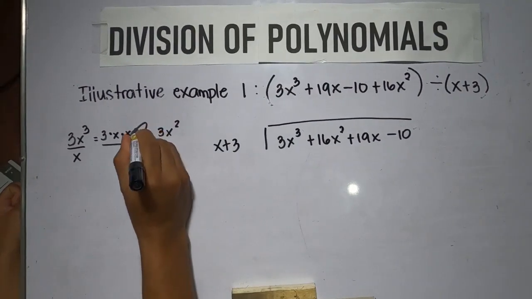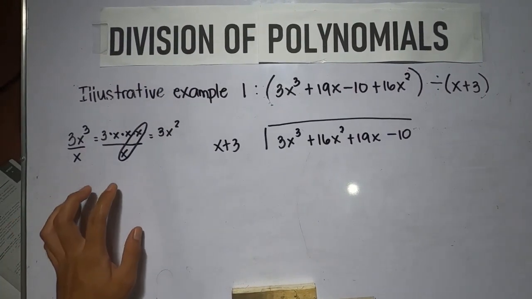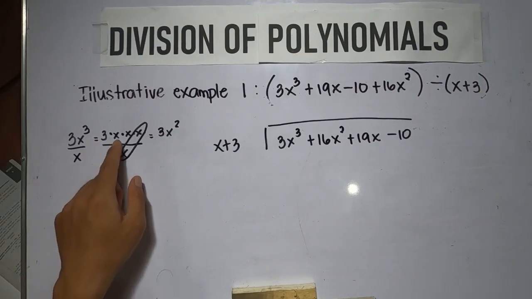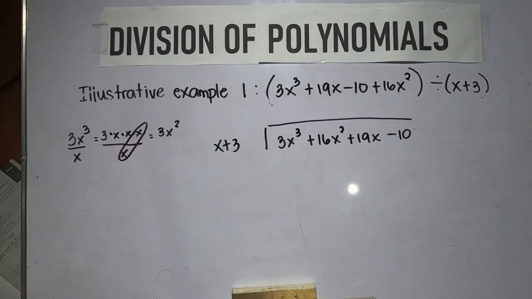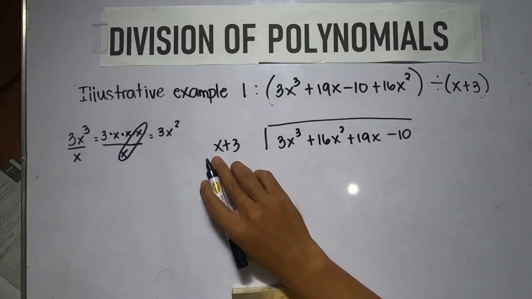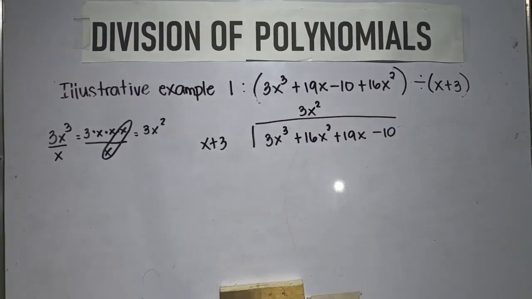We can cancel out one pair of x, and what will remain is the product of 3, x and x, and that will be 3x squared. So therefore, 3x cubed divided by x is equal to 3x squared.